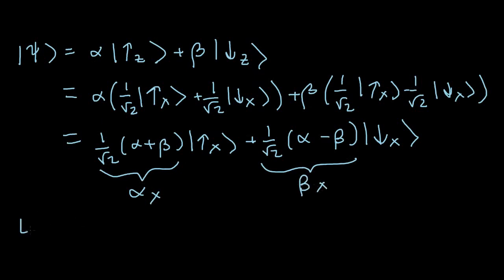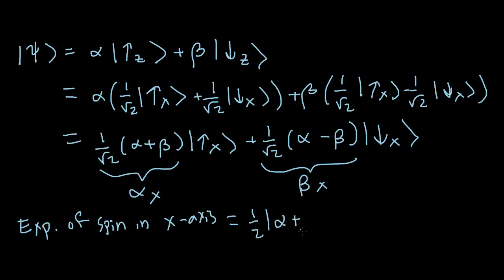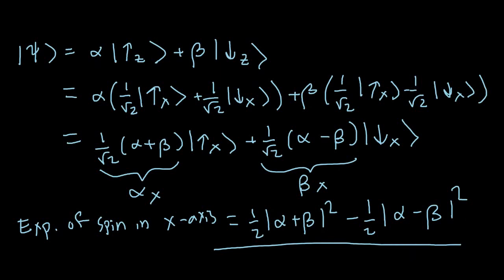So therefore, the expectation value of spin along the x-axis is equal to, let me write it this way, 1/2 times the absolute value of alpha plus beta squared minus 1/2 times the absolute value of alpha minus beta squared, right? So that was the result I was trying to show.